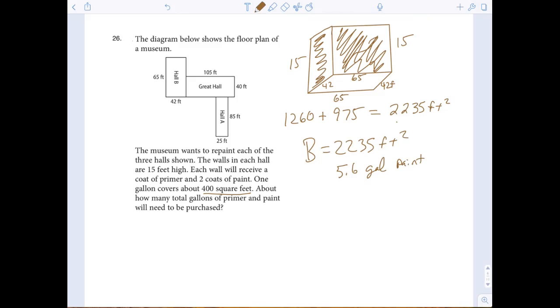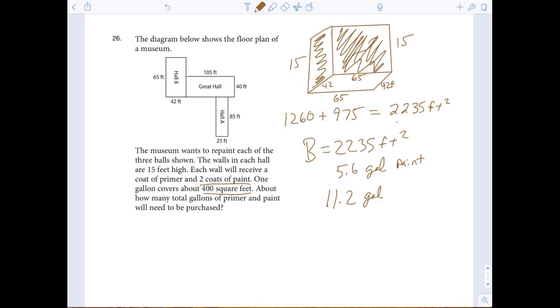But I need 2 coats of paint, correct? Times that by 2. So I'm going to need 11.2 gallons. You would just say 12 gallons.